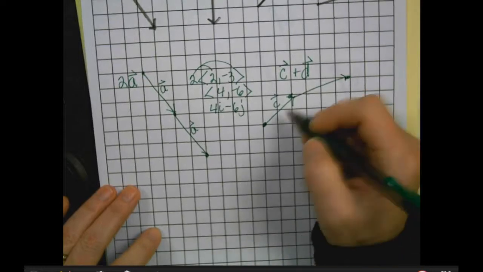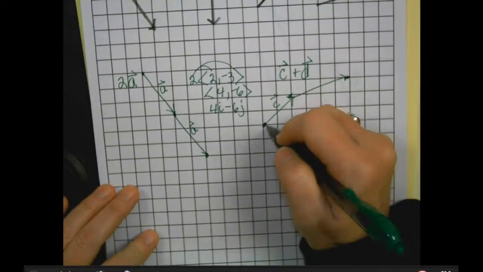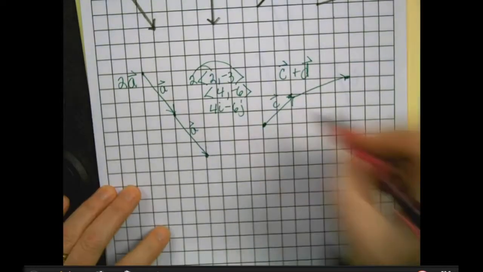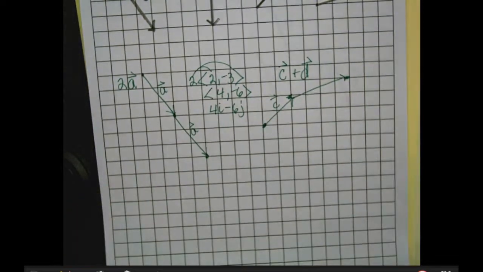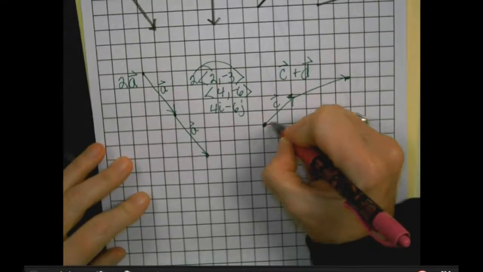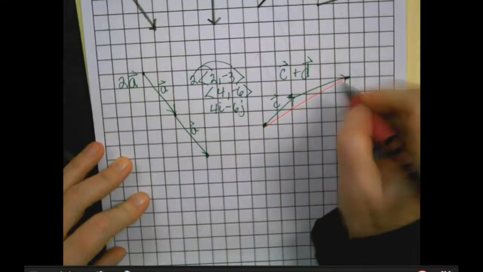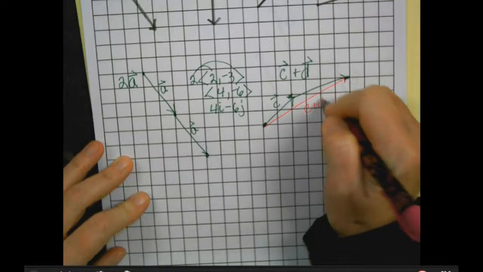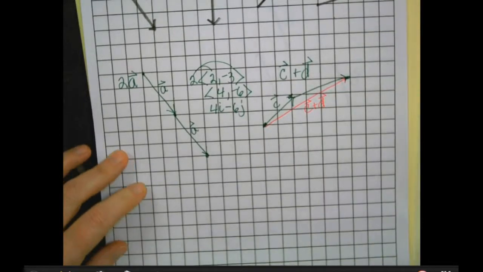For the triangle, it's initial, terminal, initial, terminal. So we'll look at your notes that we just wrote. What does it say for triangle? Place the initial point of the second vector at the terminal point. Oh, yeah. So this right here is C plus D. That is the resultant.